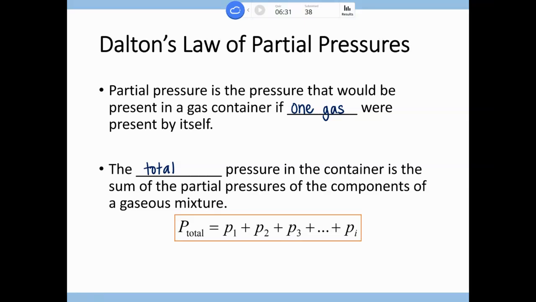So P total is equal to the first gas's partial pressure, plus the second gas's partial pressure, and if there's more, a third gas, and so on, until you've accounted for all of the gases present. In that last example, helium had a pressure of 2 atmospheres, argon had a pressure of 4, and so the total pressure was 6.